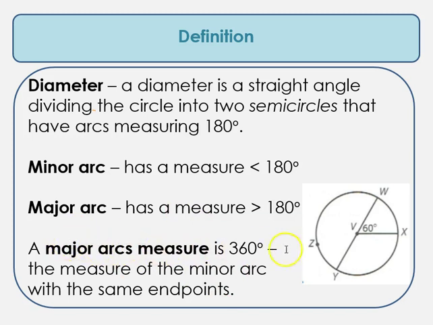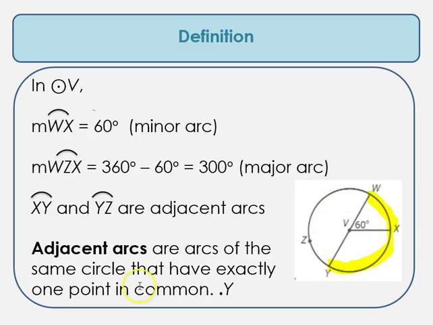A major arc's measure is 360 degrees less the measure of the minor arc with the same endpoints, and we'll be proving that right now. So in circle V, we have the measure of arc WX, which is 60 degrees, which is a minor arc, and we have the measure of arc WZX.